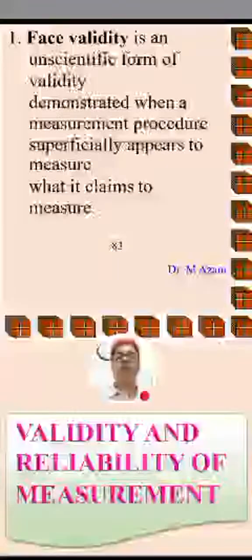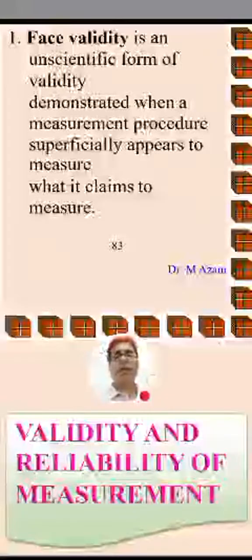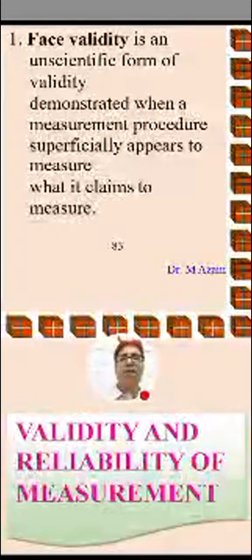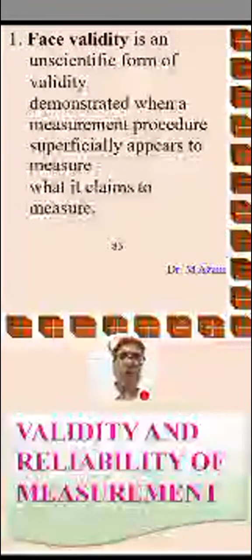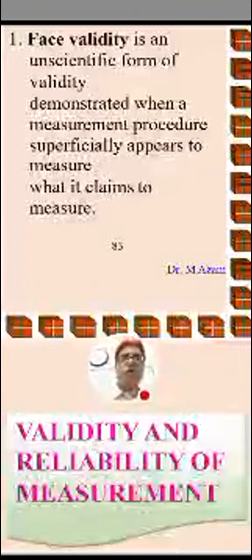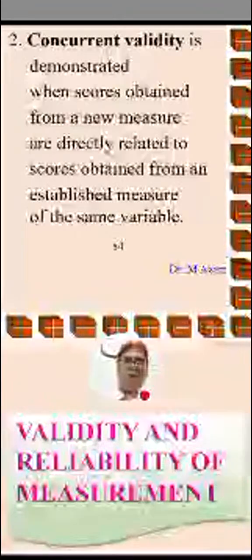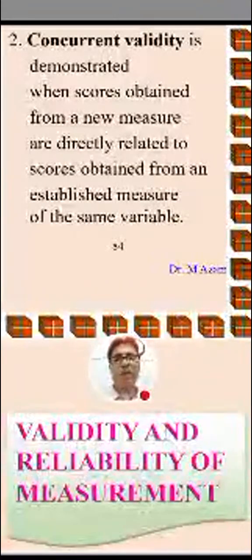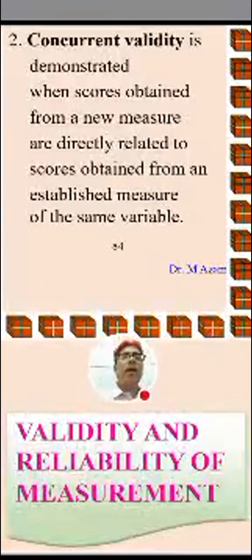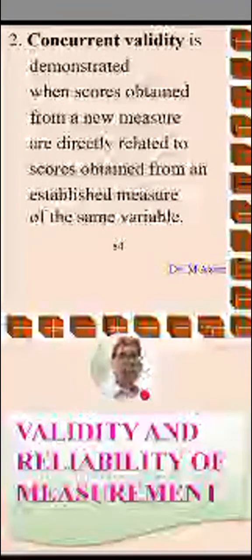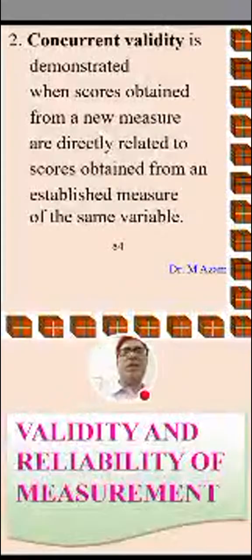Face validity is an unscientific demonstration when a measurement procedure superficially appears to measure what it claims. Concurrent validity is demonstrated when scores obtained from a new measure are directly related to scores obtained from an established measure of the same variable.